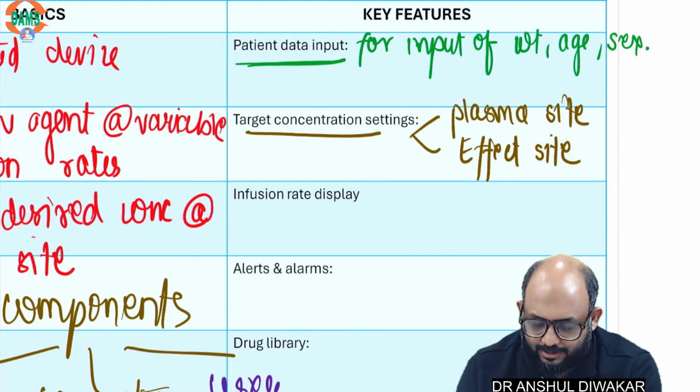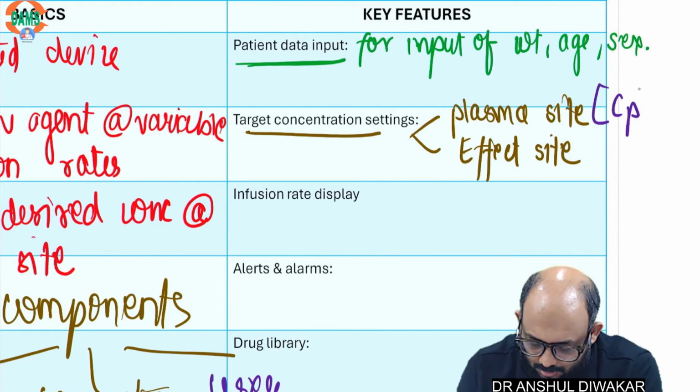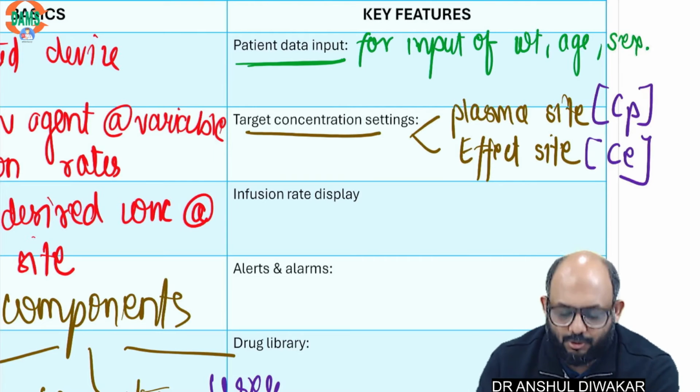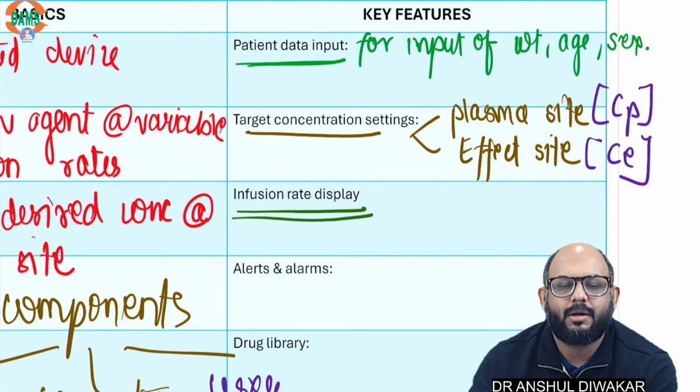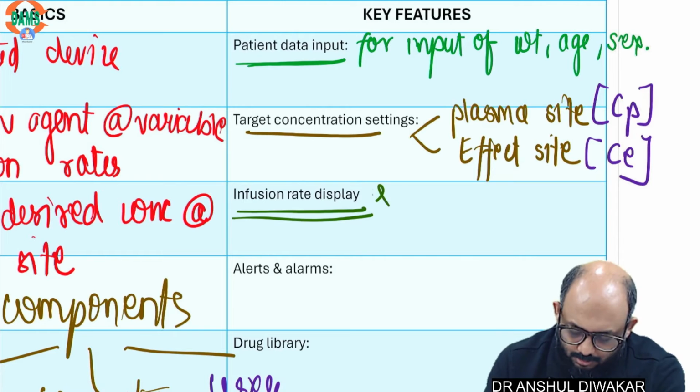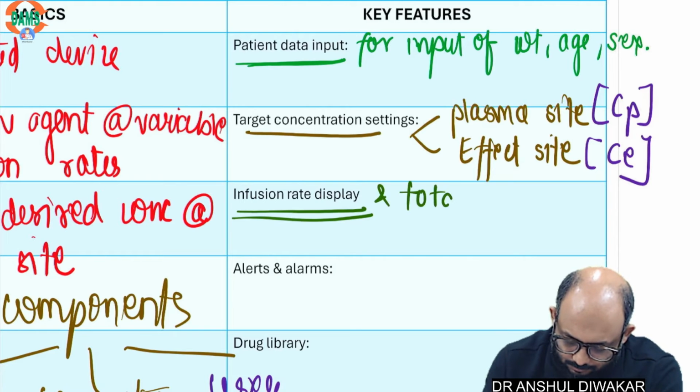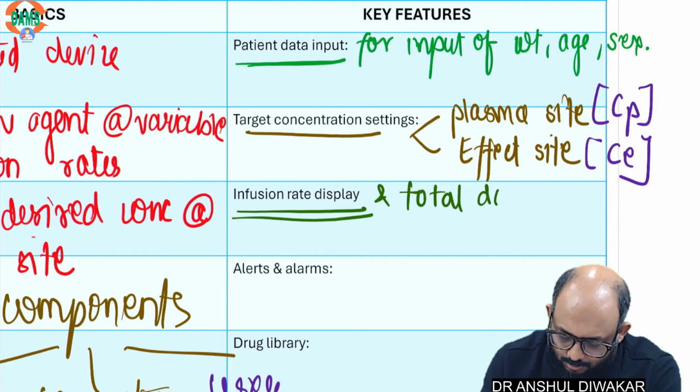CP or CE. Okay. Then you have a part where you display the infusion rate along with total drug delivered, total dose delivered.